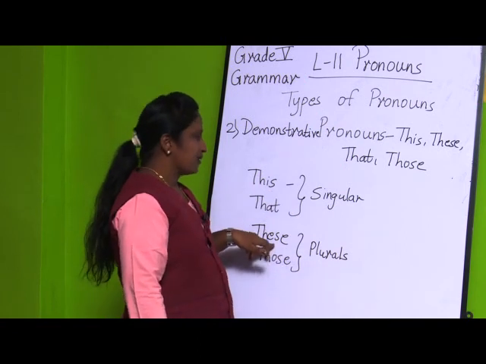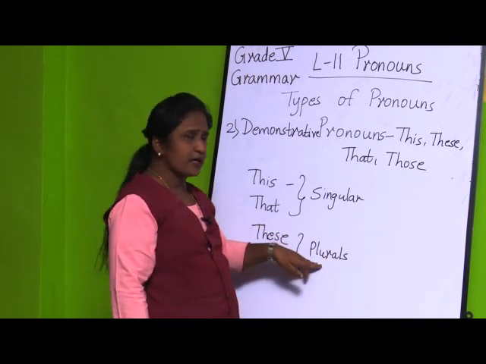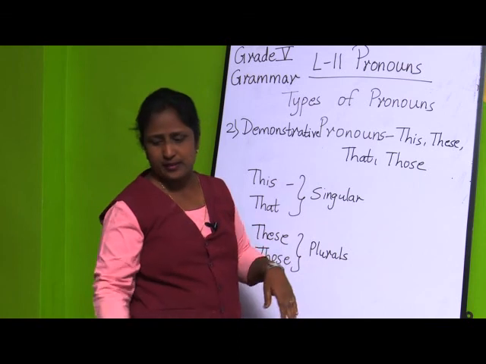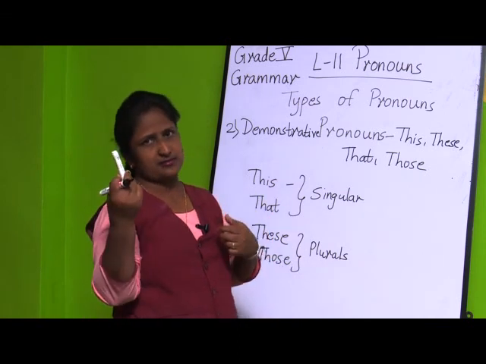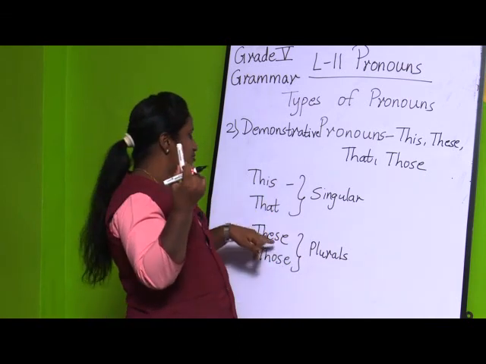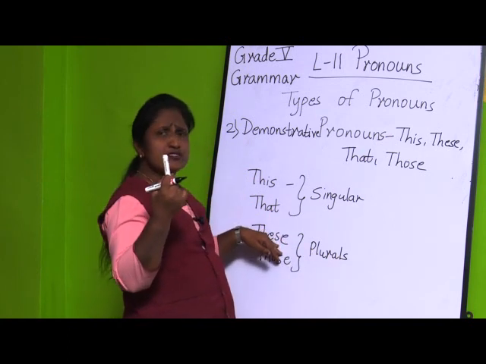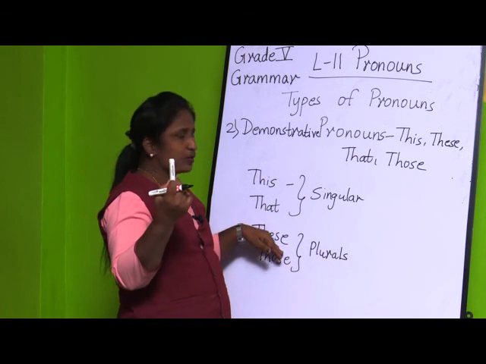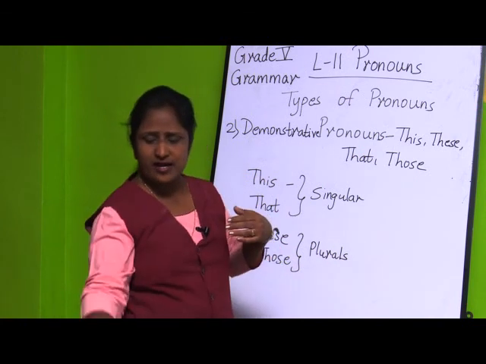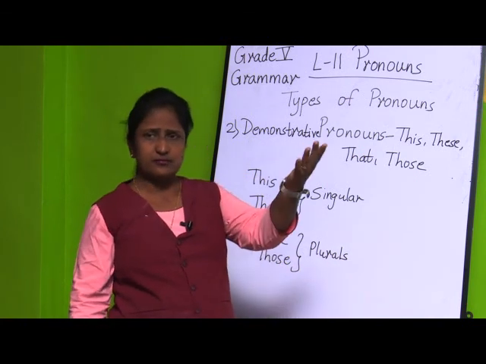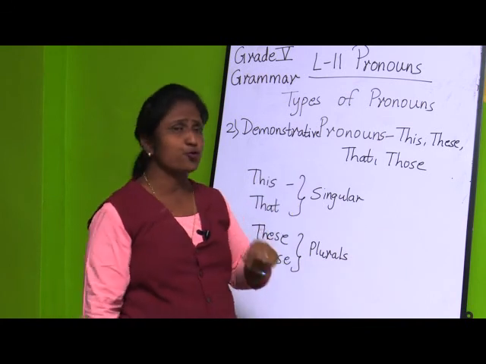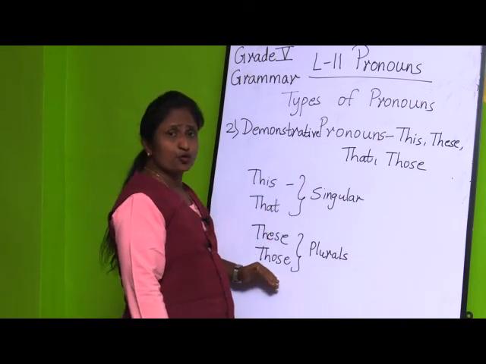Now, these I use for plurals near to me: these are markers. When I am talking about plural nouns, I use these. And if I want to show far away objects and they are plural, I use the pronoun those.